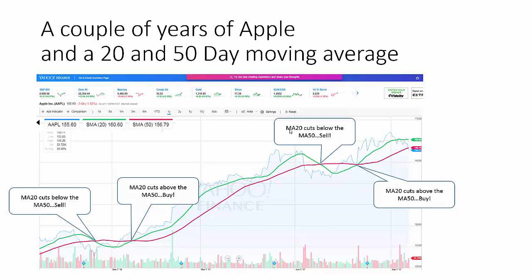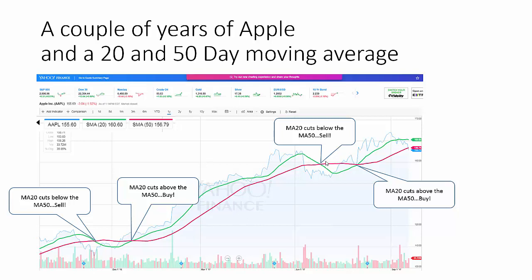And the next crossover point, where the 20-period moving average cuts back below the 50-period moving average, is after a period of a few weeks, or maybe even a month, of downward movement in the stock prices and downward movement in the 20-period moving average.